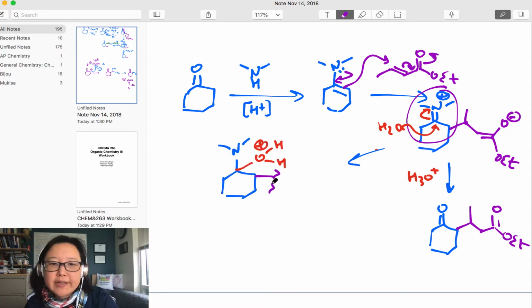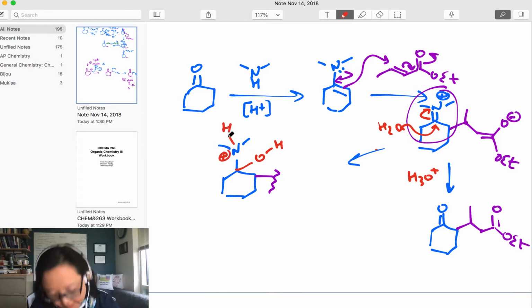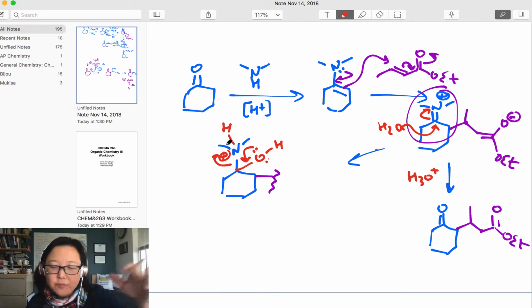So without drawing the rest of this, if you guys recall, we do some proton transfers, right? So I'm going to neutralize this by putting the proton over here. Now this is a good leaving group, so I'm going to bring this down. And that's how I get my carbonyl group here, and that's how I hydrolyze away the amine. So it's the reverse of this first step, basically, okay?